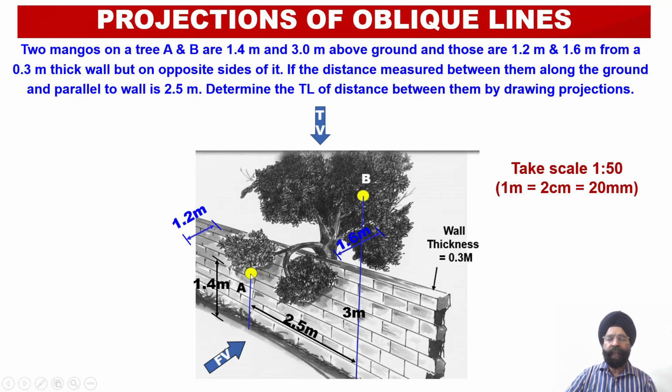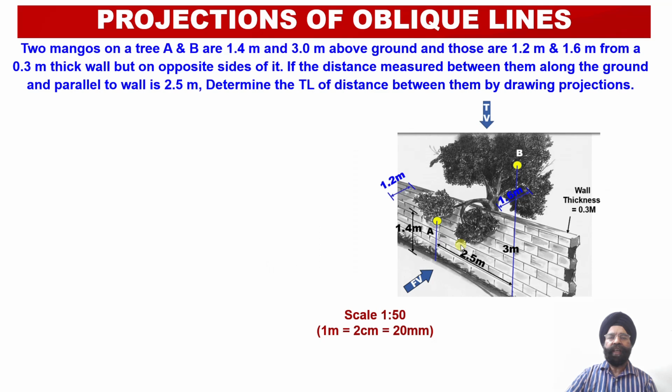We will also obtain the top view projection AB between these two points, and thereafter we are going to use the principles of rotation of the line in order to evaluate the true length of the distance between these two points or objects in the front view as well as in the top view. We will also evaluate the angle of inclination of this true length with respect to the two reference planes. So let us start with construction of orthographic projections of this particular situation.